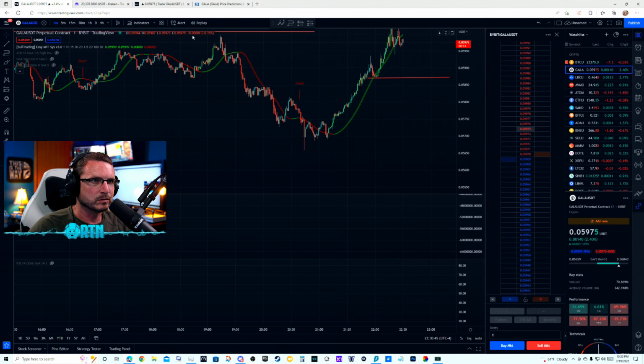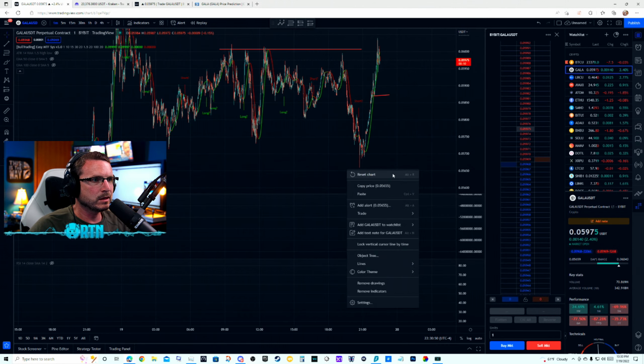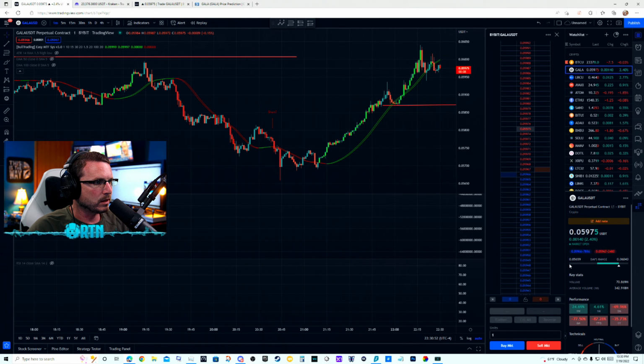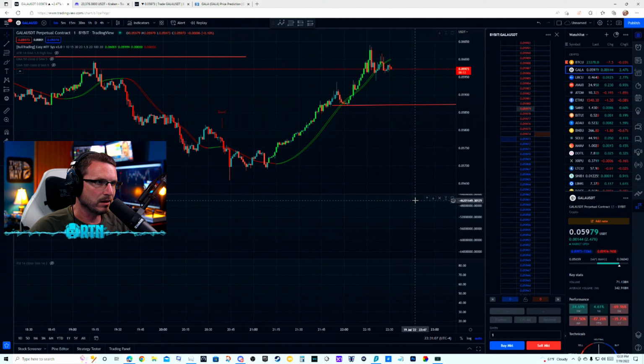Typically, I look over here on the day, see what the low is, mark it, the high, I mark it, and figure out where I'm at on the chart, and then start looking for the support, like this one: support, buy, resistance, sell.